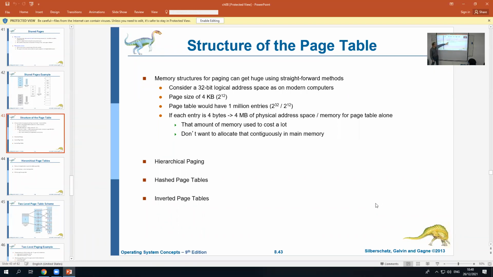The more interesting is this second part. This thing is how big? We said it's 4 megabytes. How big is our page? 4 kilobytes, right? Our page, we said, is 4 kilobytes.